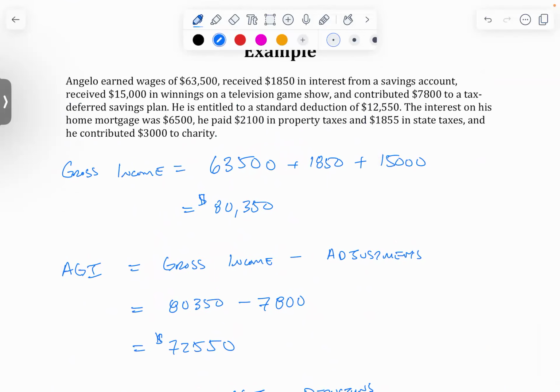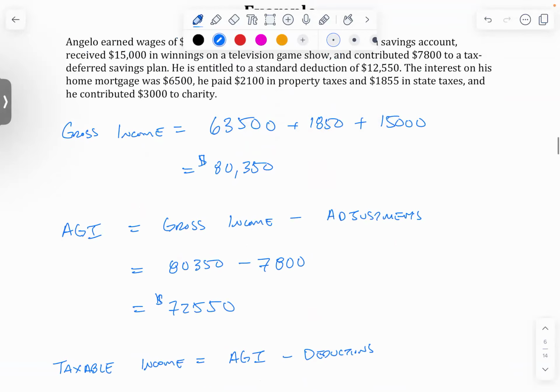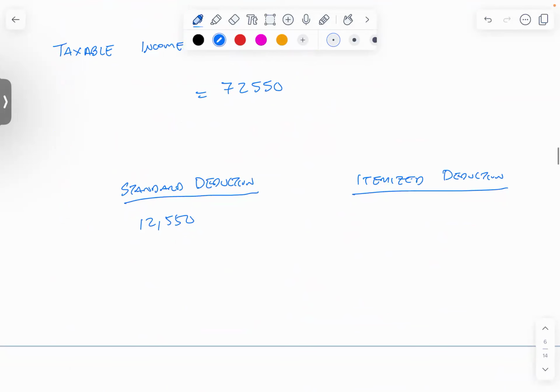So, all right, it states standard deduction 12,550. All right. Then we have interest on home mortgage was some amount, property taxes, state taxes, charity. So we take all those values, all right, and we're going to sum all those up and see what those become.